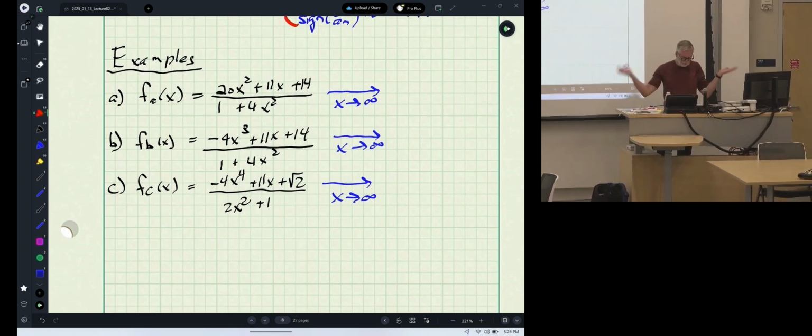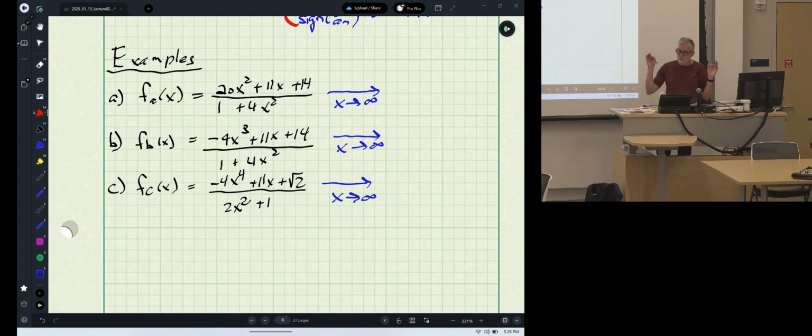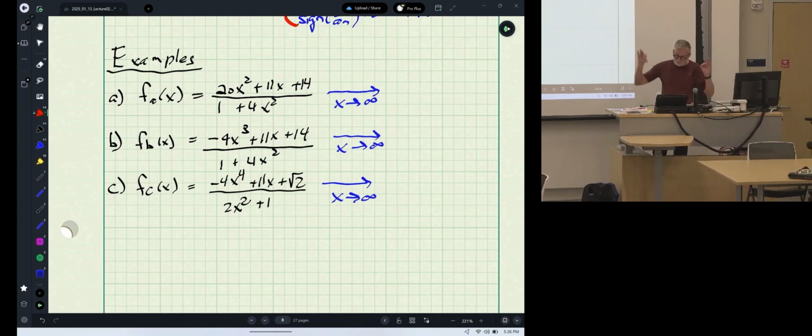Okay, so can we calculate these basically in our head with just a little bit of work here? So what is a_n in the first function? It's 20. And what is b_m in the second one? It's 4. So we have 20 over 4.